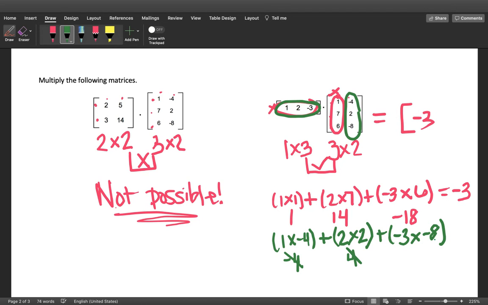And then negative 3 times a negative 8 is going to give me a positive 24, which will be my answer since my 4's canceled out. And it's going to be my first row, second column. And you don't have to do anything else. So there's your answer, okay?